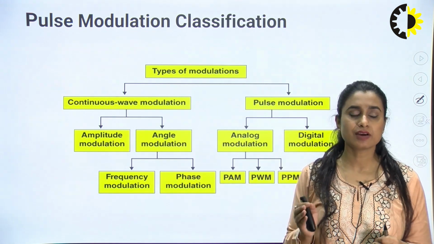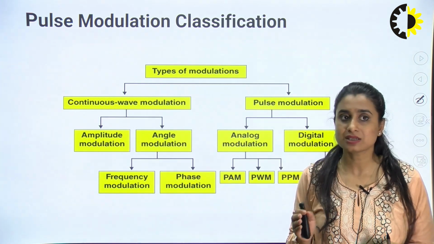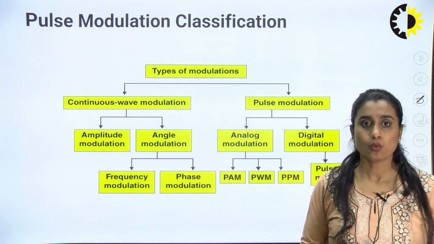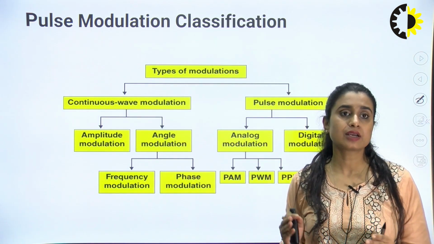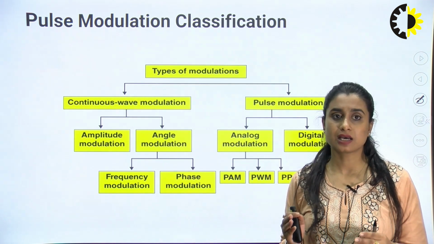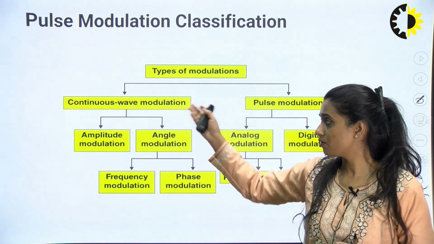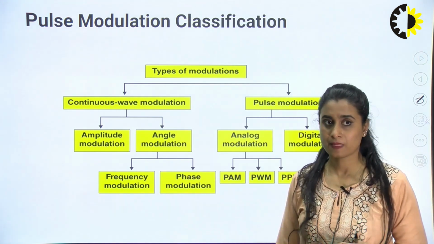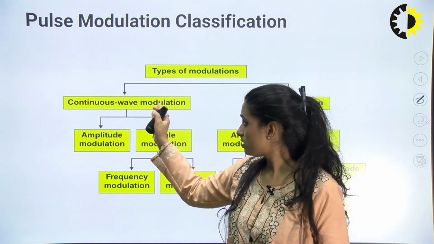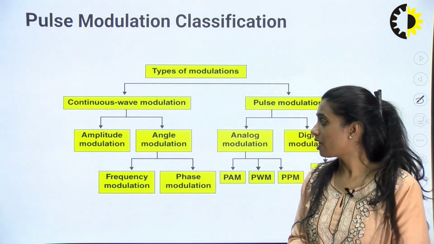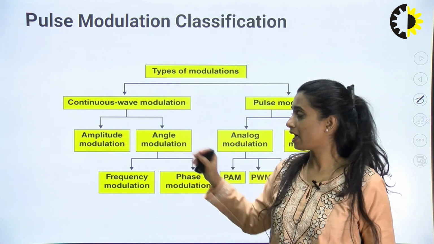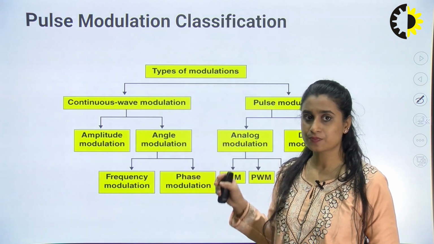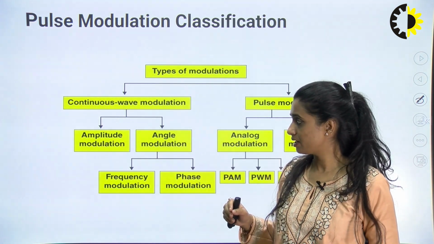If the carrier wave used is continuous in nature, that kind of modulation is called continuous wave modulation. Whereas if the high frequency carrier is a pulse train instead of a continuous wave, that kind of modulation is called pulse modulation. Right? If we go with continuous wave modulation, we have amplitude modulation and angle modulation. These two were covered in unit 1 and 2 previously.